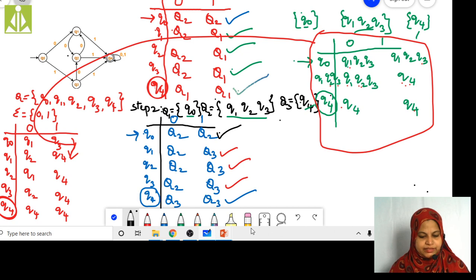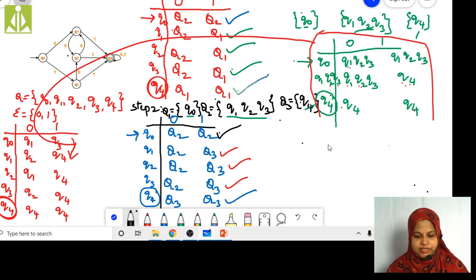I'll take this black. How many number of states here? Q0. Next is Q1, Q2, Q3. One more state.